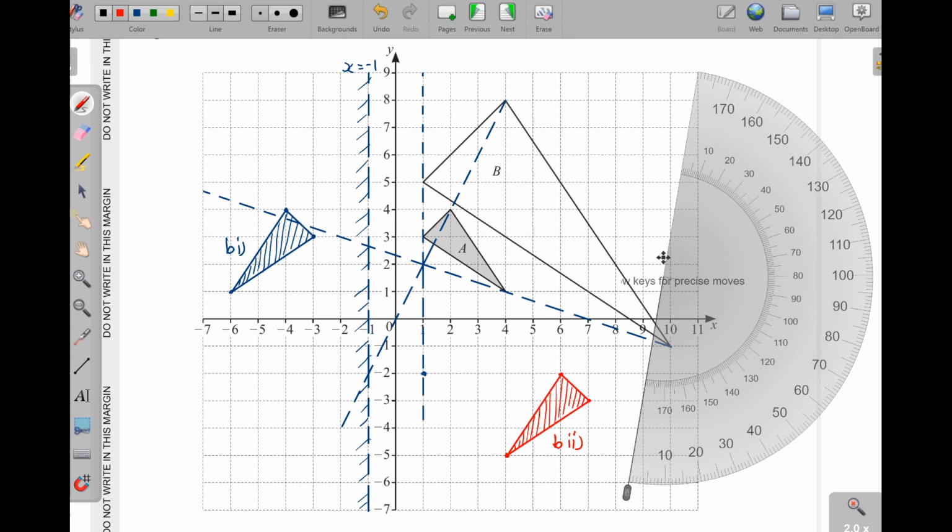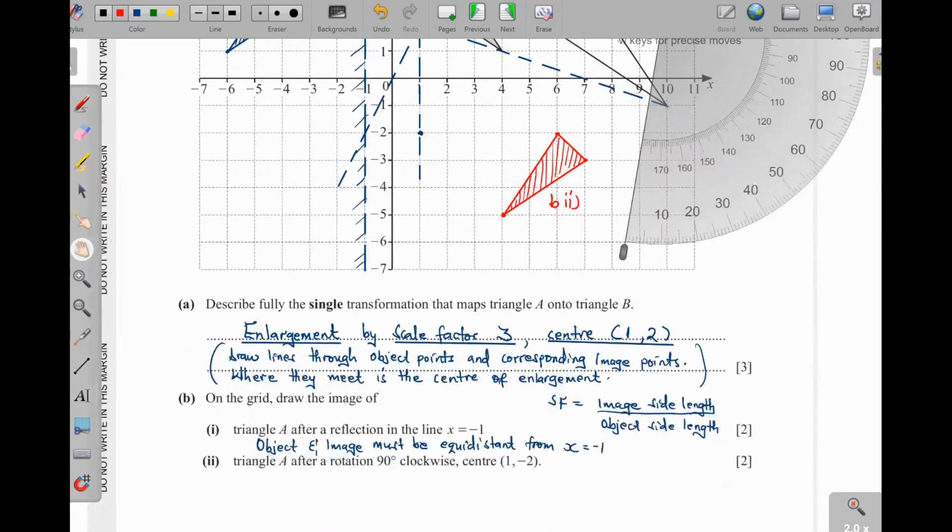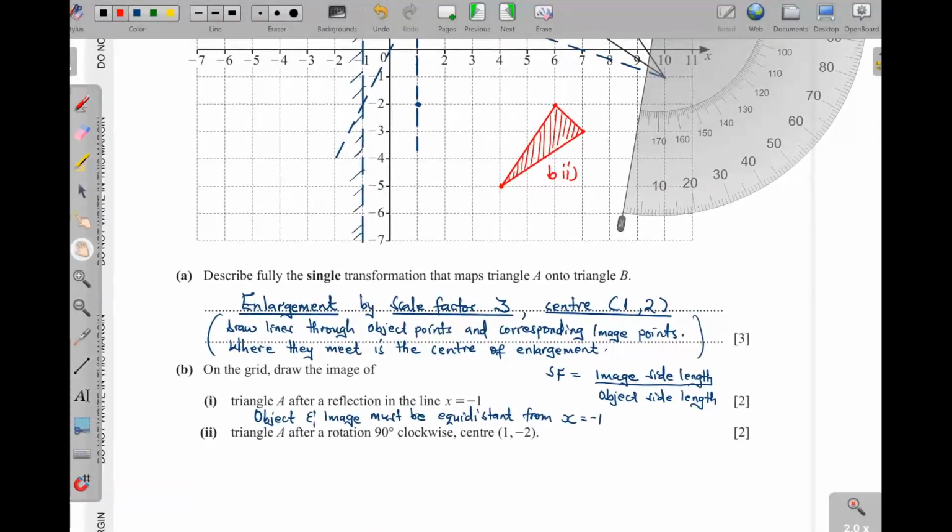So that is what we are supposed to have there. Here you either use a protractor or tracing paper.